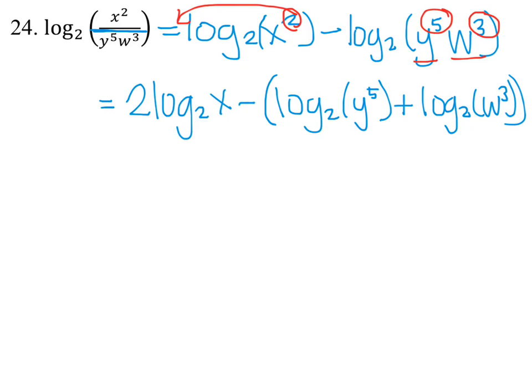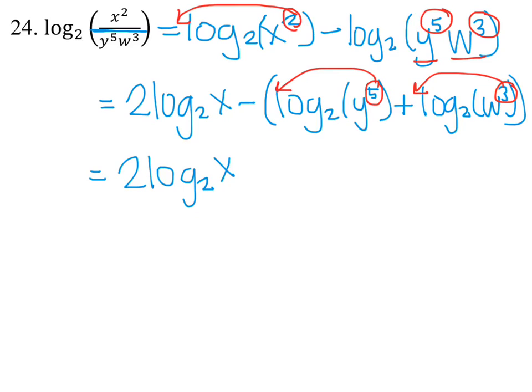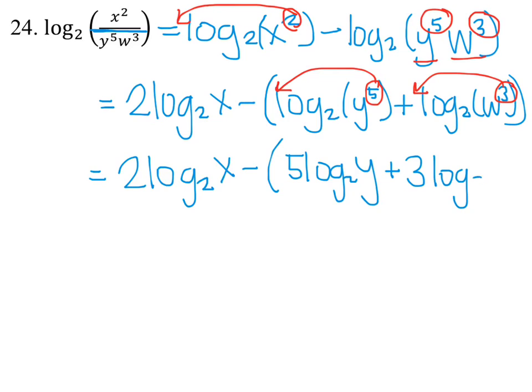And then I can bring these exponents to the front of their individual logs. So I have 2 times log base 2 of x minus 5 times log base 2 of y plus 3 times log base 2 of w.